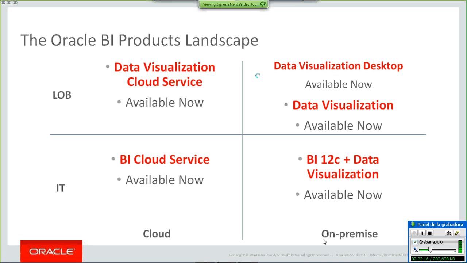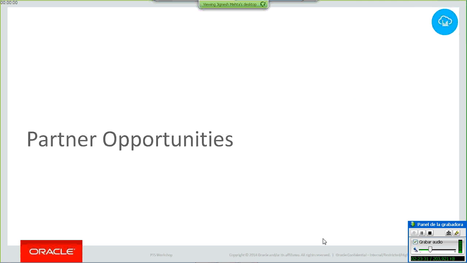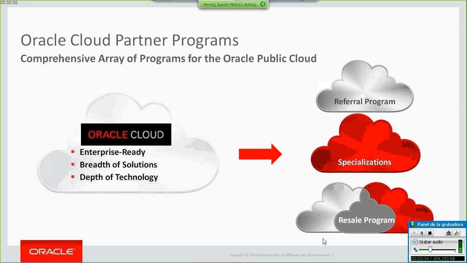Now I'm quickly going to highlight a couple of additional resources that might help you if you are interested in looking at the partner opportunities, right? So as a partner, of course, you can implement BI Cloud Service based projects at customer places, but there are also referral programs, specialization, and resale programs.